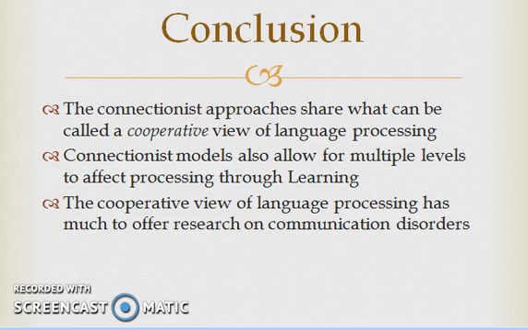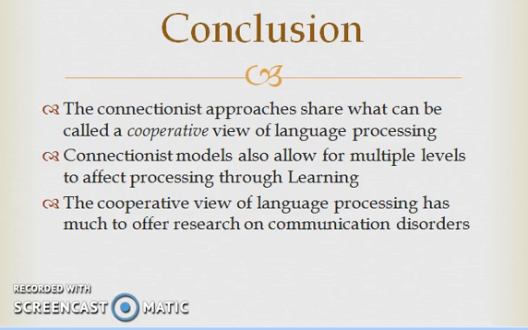In conclusion, the connectionist approaches share what can be called a cooperative view of language processing, although the models have separate network levels that correspond to distinct representational types, such as phonology or semantics. The levels work together to explain empirical phenomena.